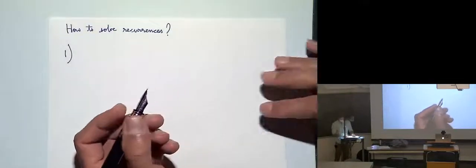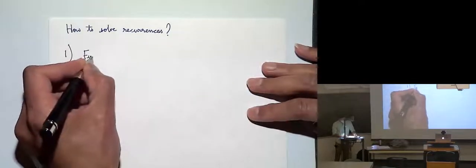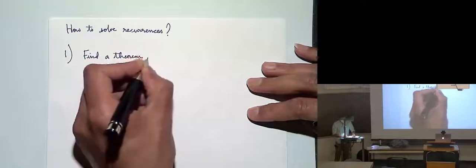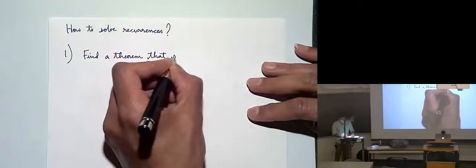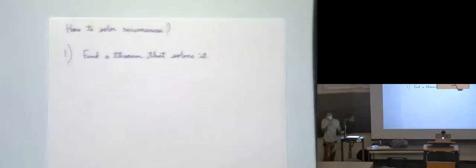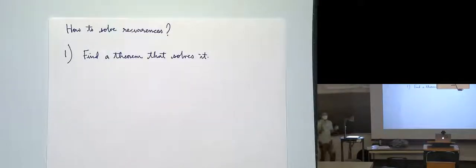So approach 1 is, I mean, you might think this is funny, but find a theorem that solves it. And indeed, there are theorems you can pull up from somewhere, which is what many students will do.